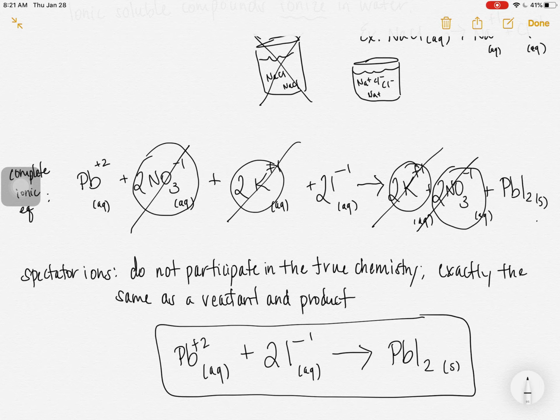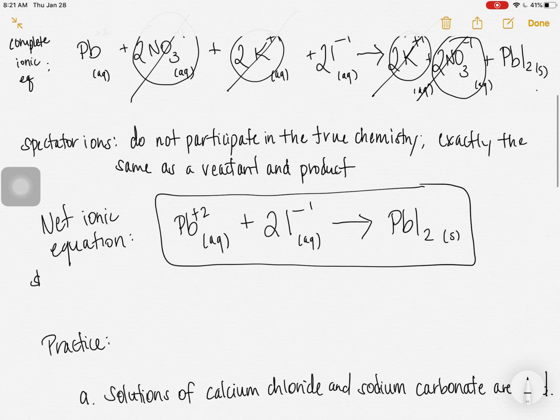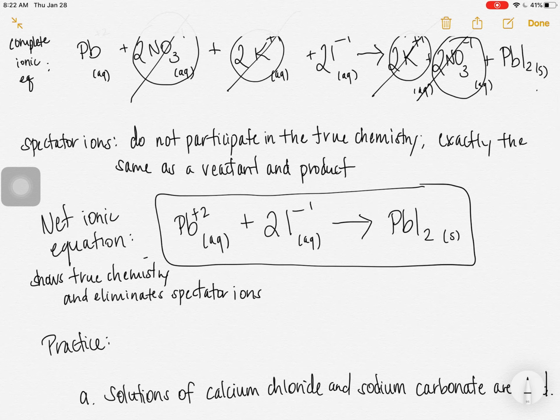This is the net ionic equation. A net ionic shows the true chemistry and eliminates spectators.